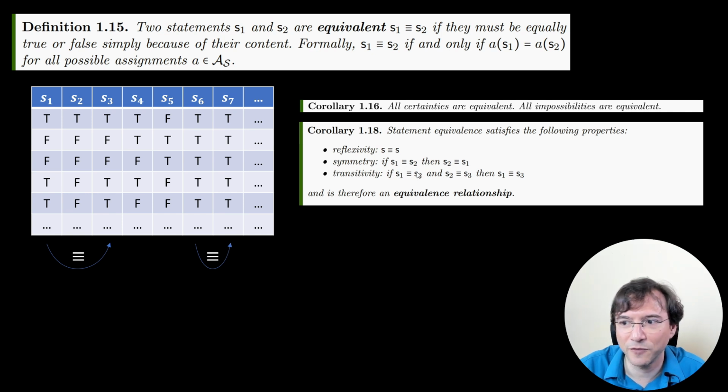If S1 is equivalent to S2 and S2 is equivalent to S3, then S1 and S3 are equivalent. Therefore, this in set theory is an equivalence relation. Essentially, the whole context can now be broken apart into subsets of statements that are equivalent to each other, because they always have the same truth value in all the assignments.